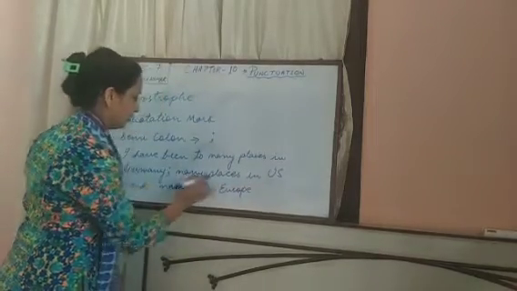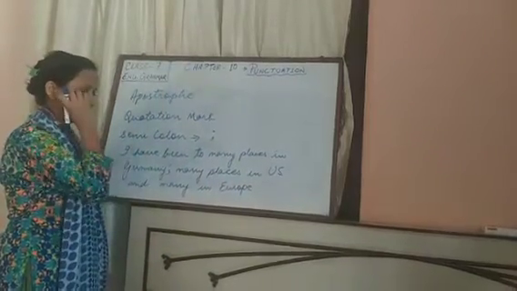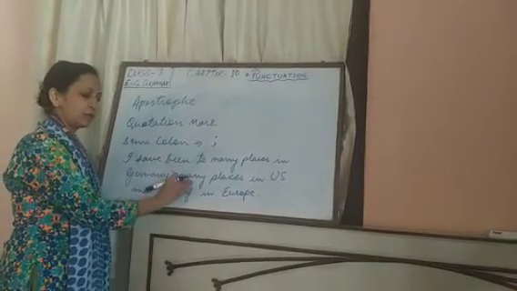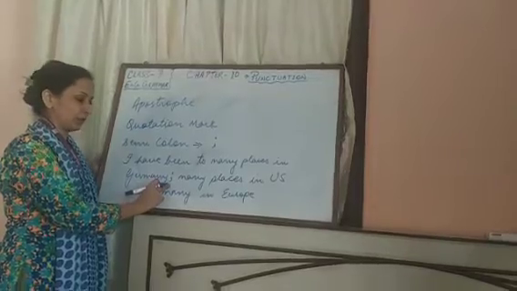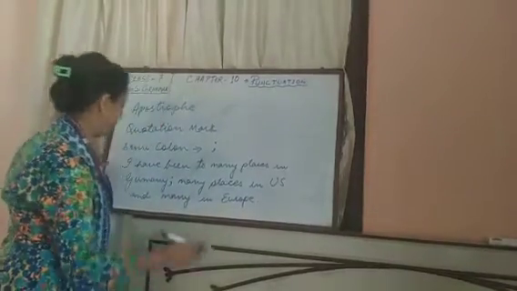So what we see here is that this clause and this clause are connected with each other, so they are separated with a semicolon. So that is the use of semicolon.